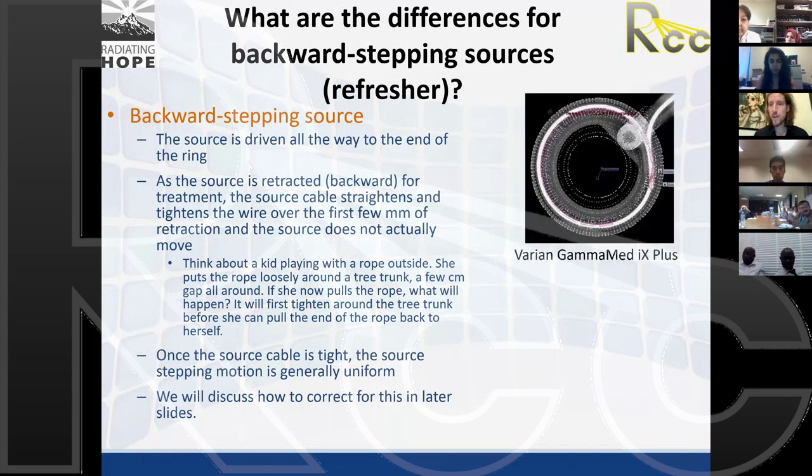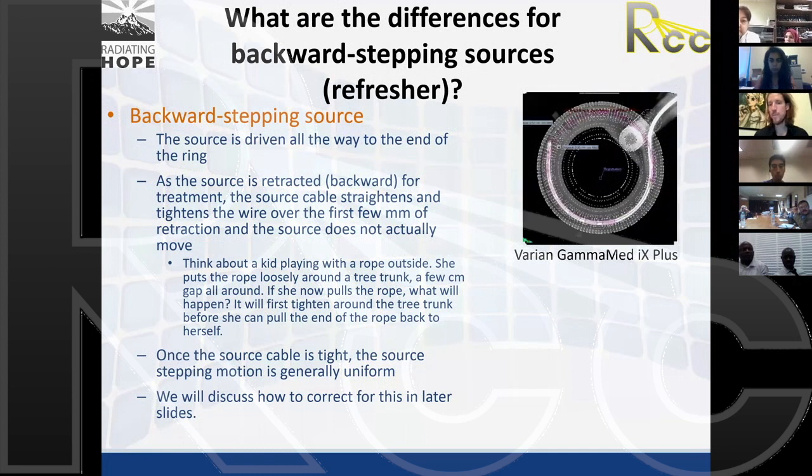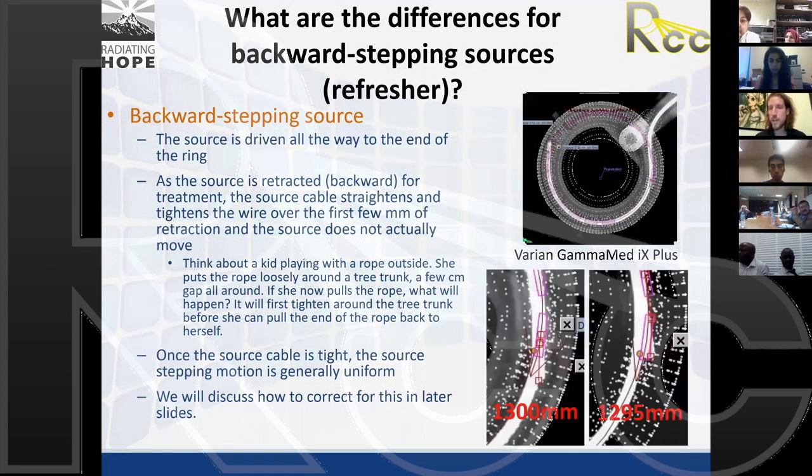So here are a bunch of x-rays of a dummy inside a ring, and you can see the motion being stepped backwards. If we look at a zoom up in a GammaMed system, the two furthest dwell positions for a 5 millimeter step size, 1300 millimeters and 1295, I've zoomed up on these two images.